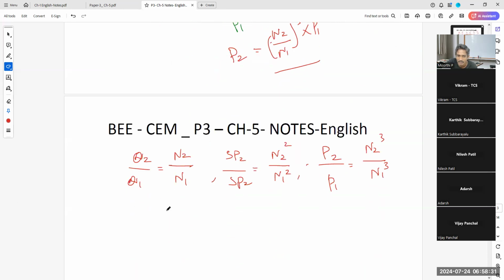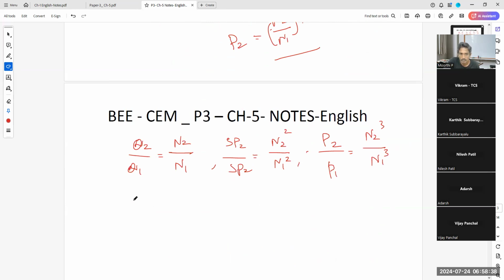Still finding. 8135. 80.35. Okay, this is square, na? Static pressure P2 equal to 8135 mm water column. Okay.